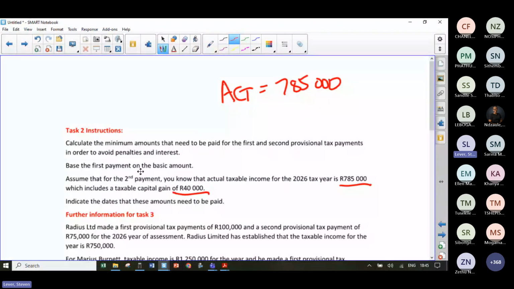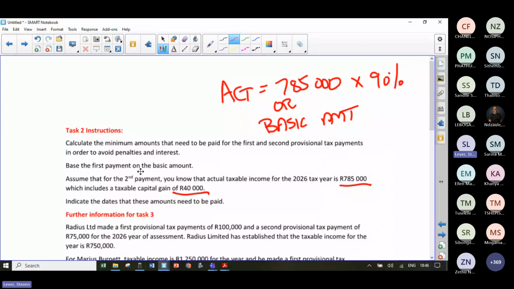Now, guys, you only take the capital gain out of the basic amount calculation. You do not take it out of your actual calculation. So my actual is 785, guys, so I can use 90% of that amount, or I can use the basic amount.